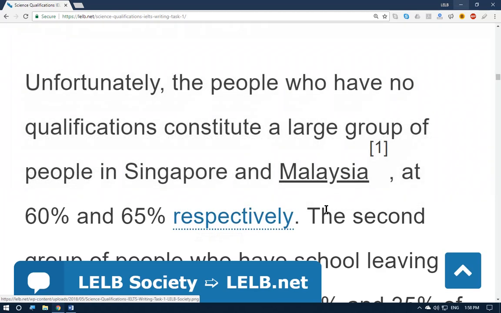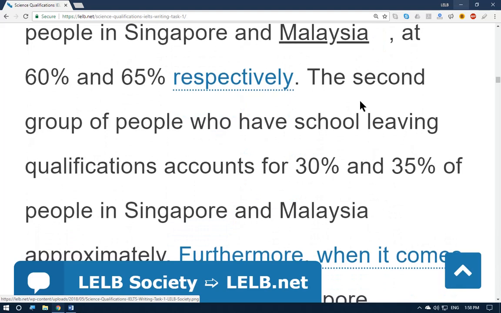It means that 60% for Singapore and 65% for Malaysia, respectively. In IELTS writing task 1, you need to use some intensifiers and adverbs, for example, respectively, to be more precise, approximately, sharply, gradually, and something like this.